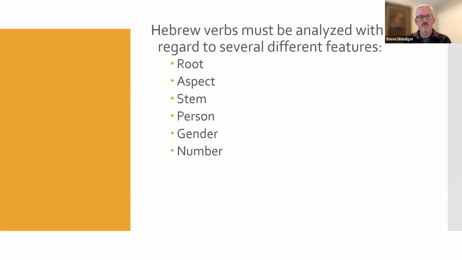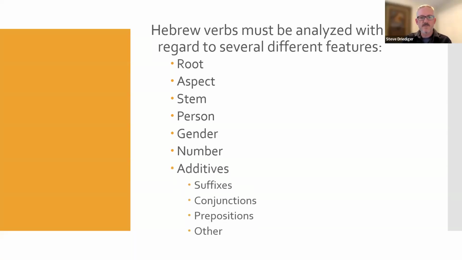We'll go through those in a little more detail in a few more slides. But that's what's meant by stem. Each verb can be used in a number of different stems, which changes, you might say, the perspective on that action.